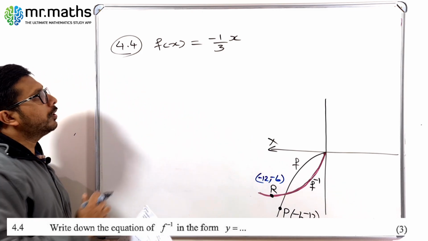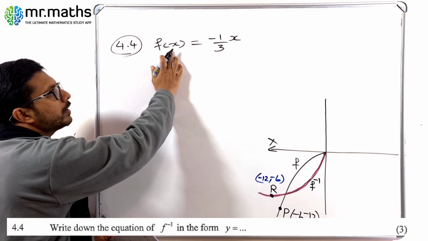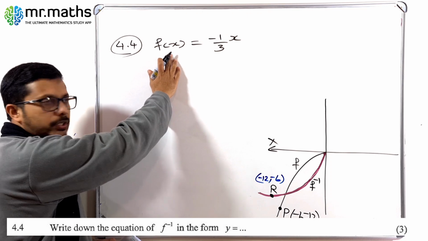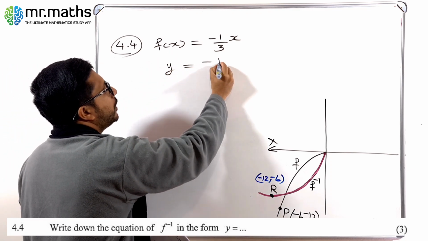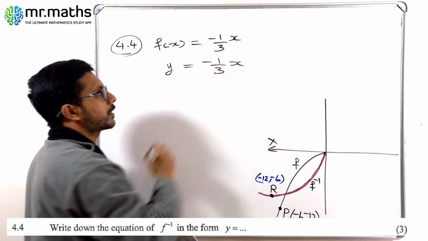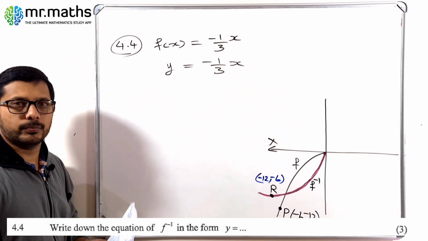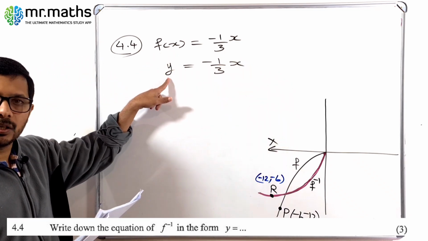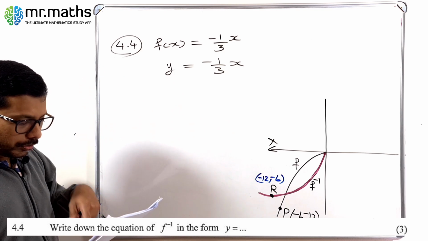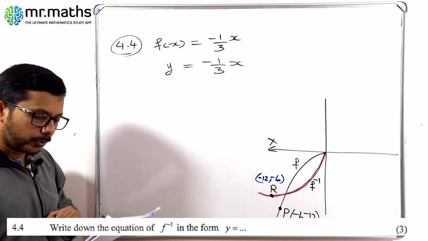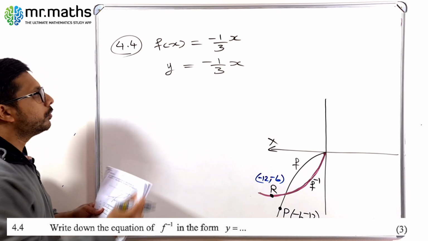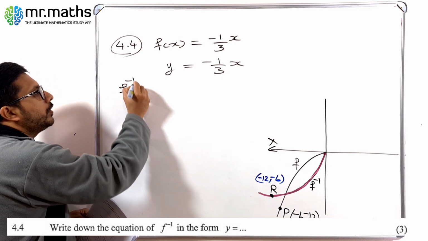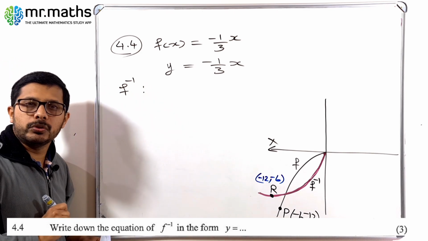Now before I go to that one, what is this f of x? F of x is a function that is the same as y. So y is equal to minus 1 over 3 x square. You can write it like that because f of x is the same as y. Okay, now to find f inverse, what are you supposed to do?